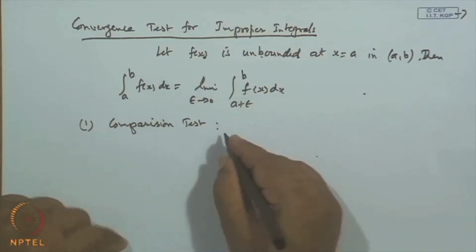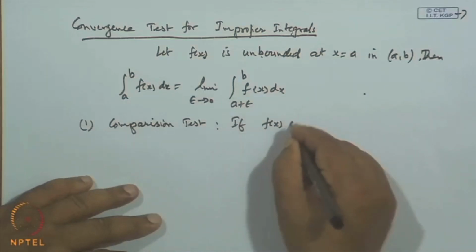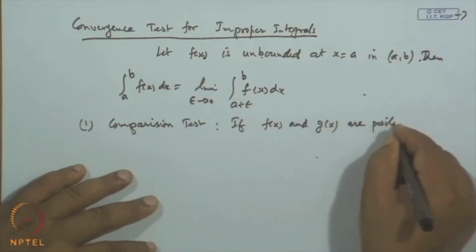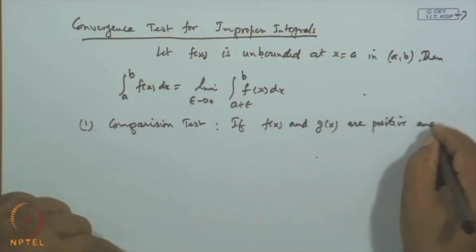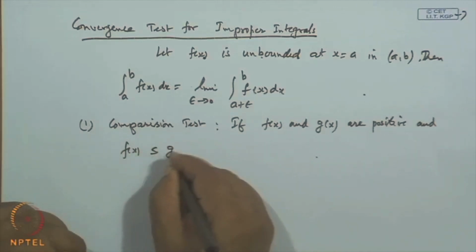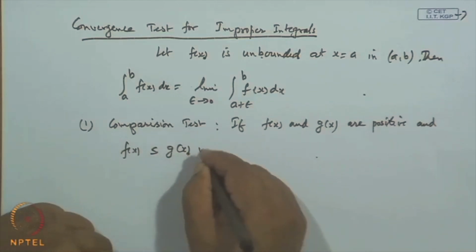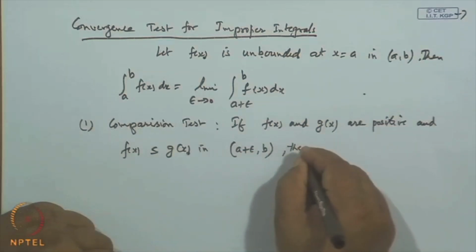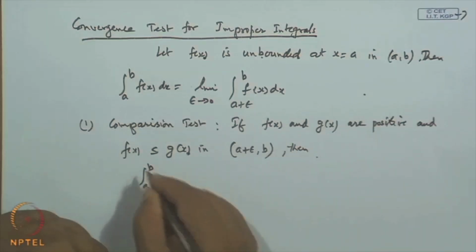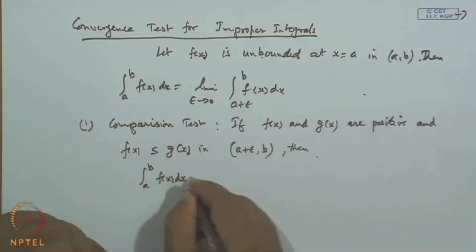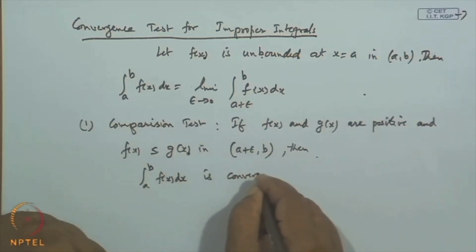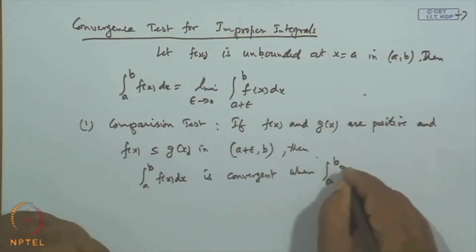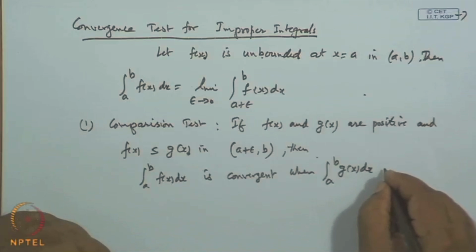What this test says: if f(x) and g(x) are positive and f(x) is always less than or equal to g(x) in the interval a plus epsilon to b, then the integral from a to b of f(x) dx is convergent when the integral from a to b of g(x) dx is convergent.